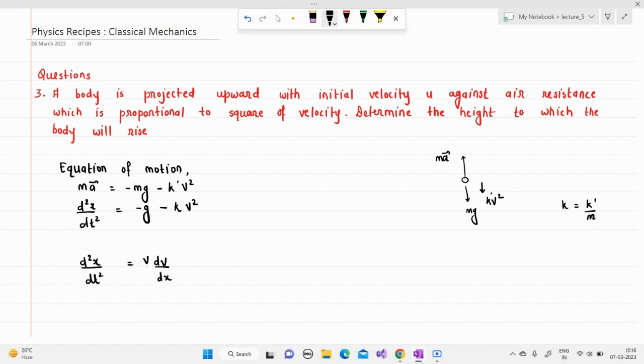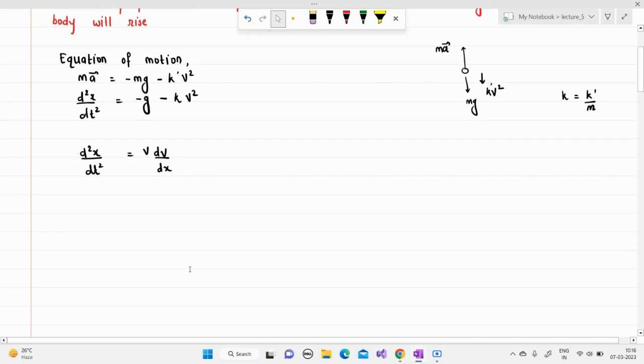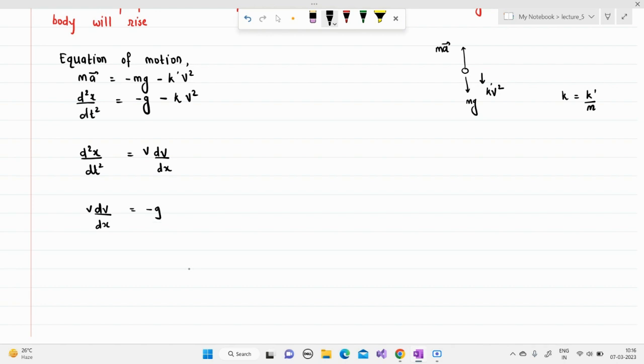This I have told in the previous lecture. So we can write this acceleration like this. Now the equation becomes v dv by dx equals minus g minus kv square.